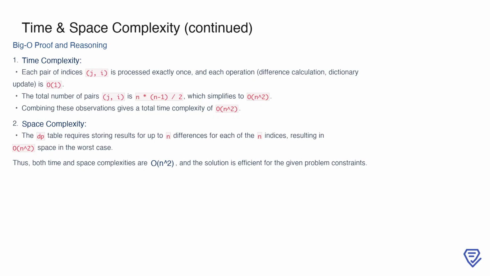For space complexity, the DP table dominates the analysis. With up to n differences stored for each of the n indices, the table requires O(n squared) space in the worst case. These bounds confirm that both the time and space complexities of the solution are O(n squared), making the approach efficient and suitable for the problem constraints.